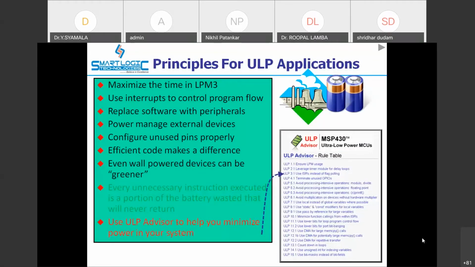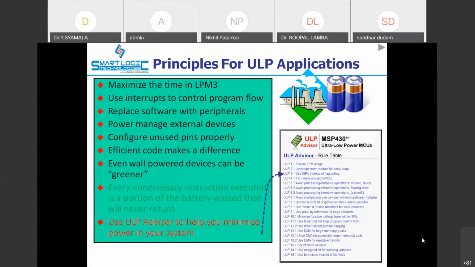So to do that, the MSP430 gives what they call the ULP Advisor. They say that the maximum time should be spent in LPM 3. So what they recommend is to try to use low power mode 3, which is more reliable and more efficient.